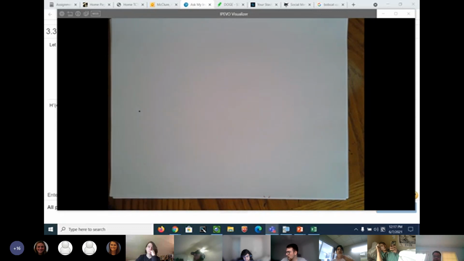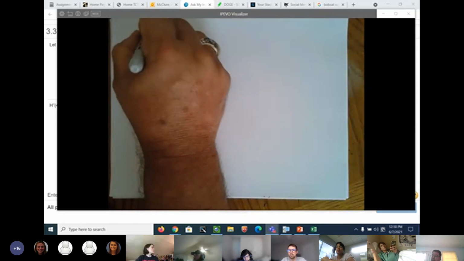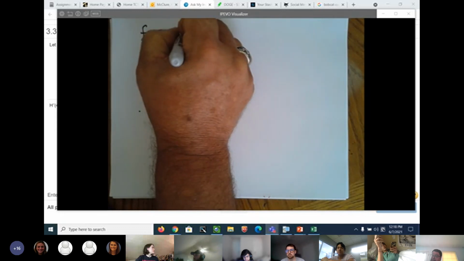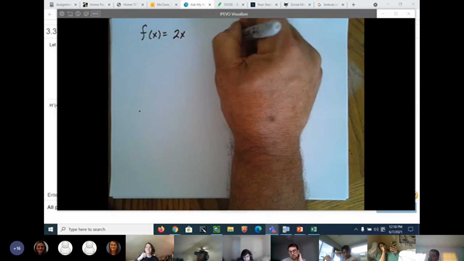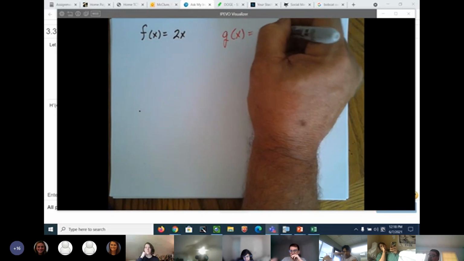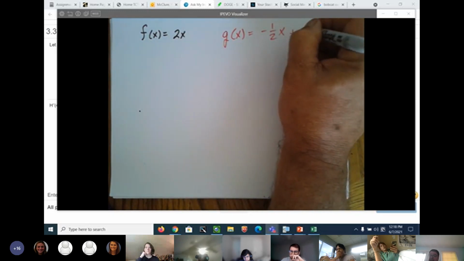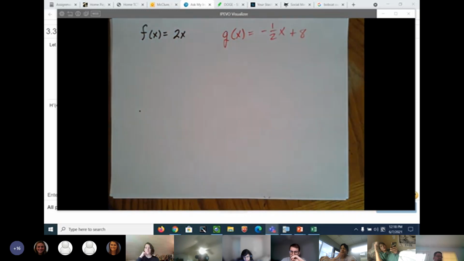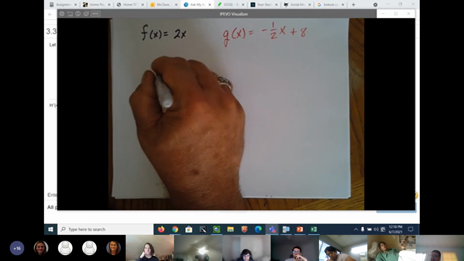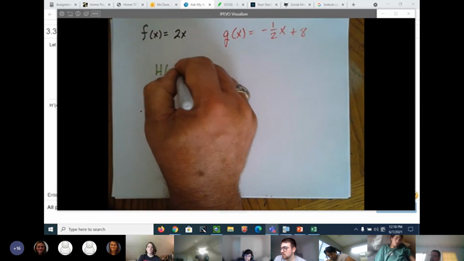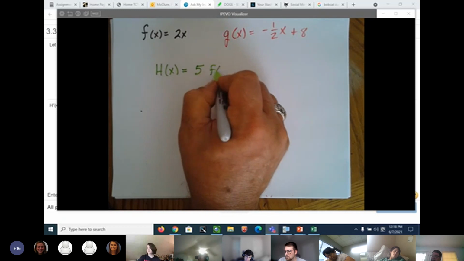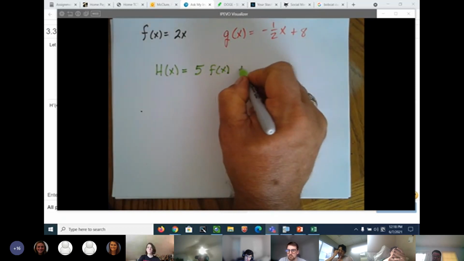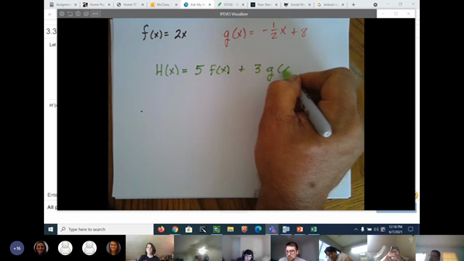So f of x is equal to 2x, and g of x is equal to -1/2 x plus 8, and h of x is equal to 5 times f of x plus 3 times g of x.